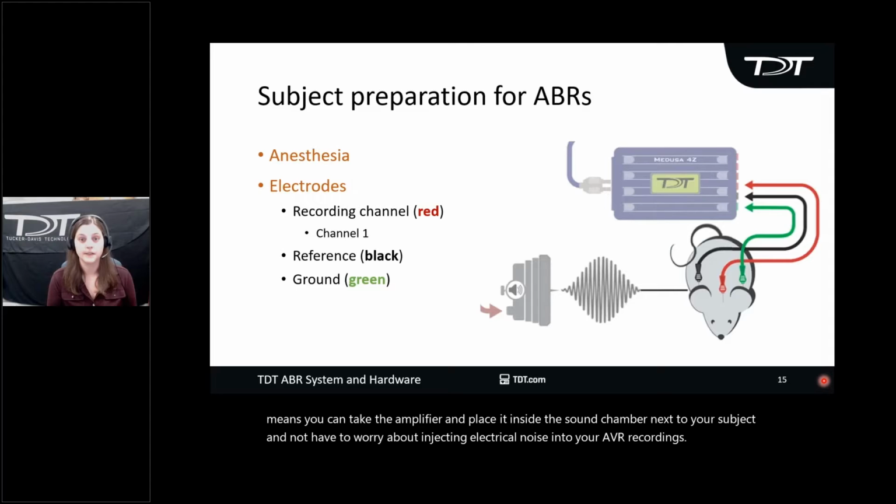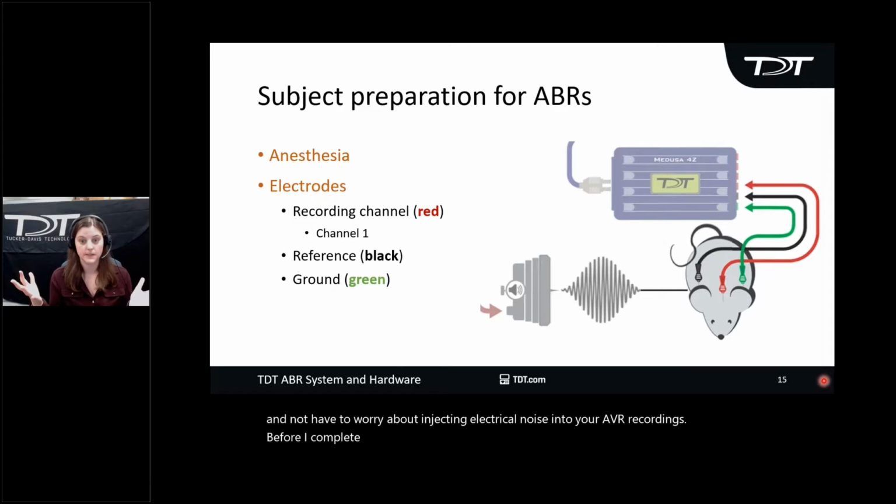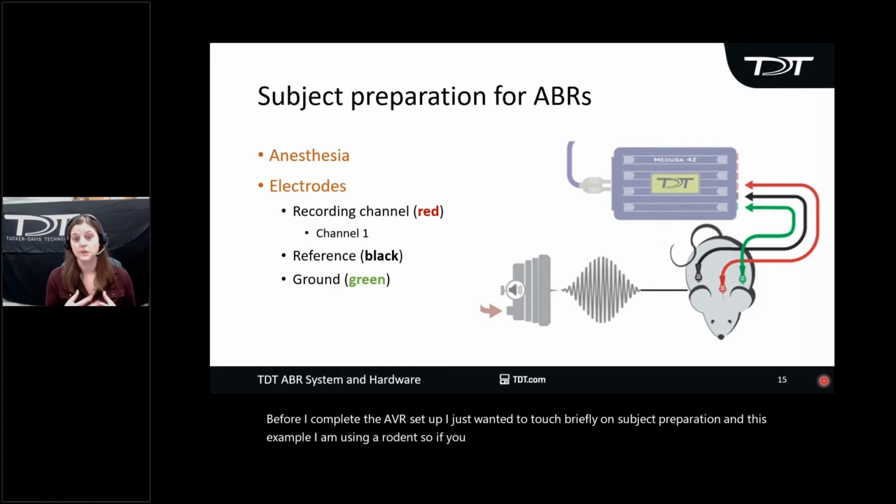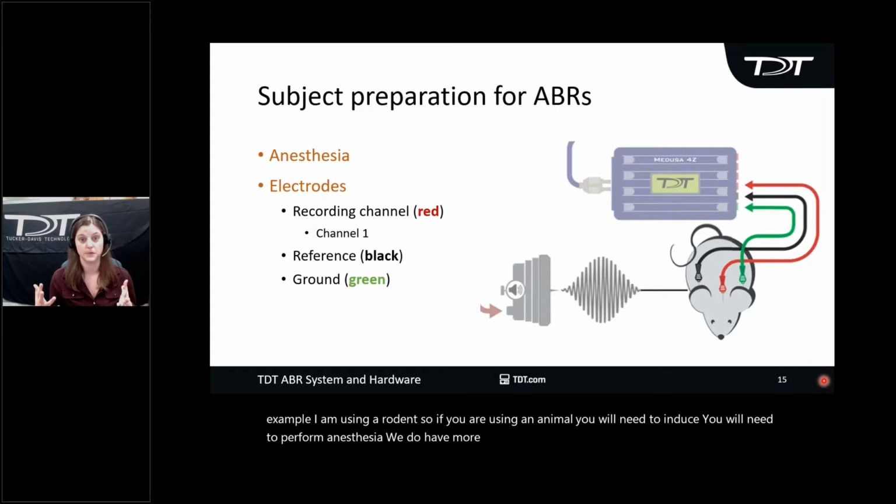Before I complete the ABR setup, I just want to touch briefly on subject preparation. In this example, I am using a rodent. So if you are using an animal, you will need to perform anesthesia. We do have more information on different options in our ABR guide online.